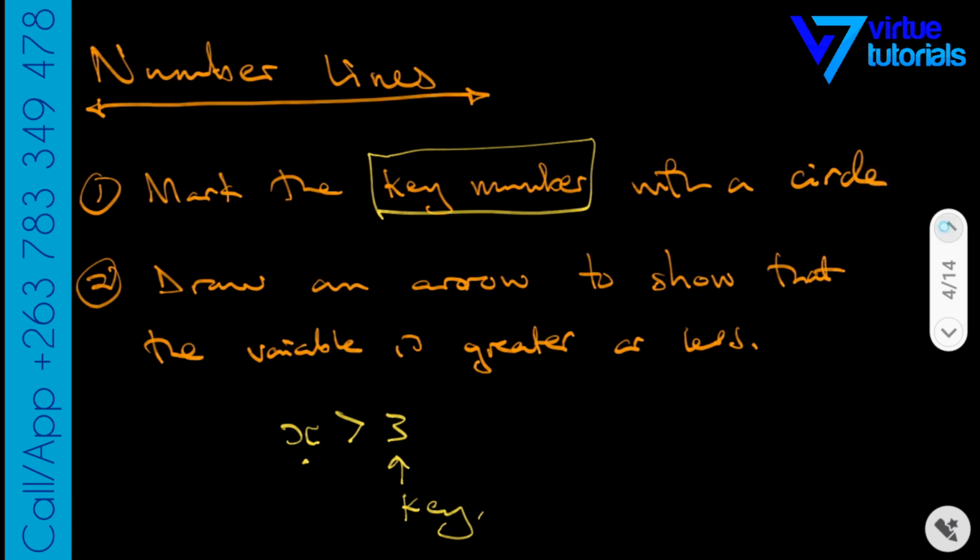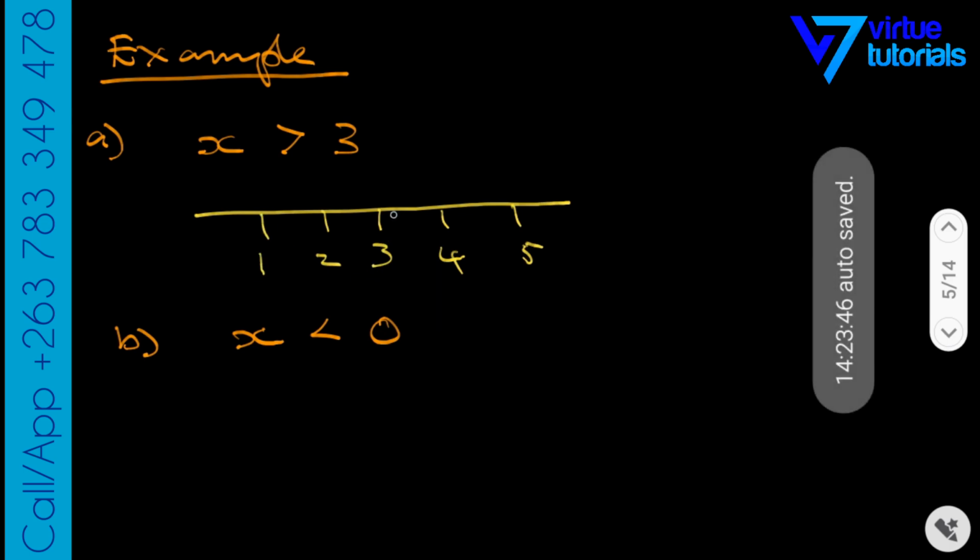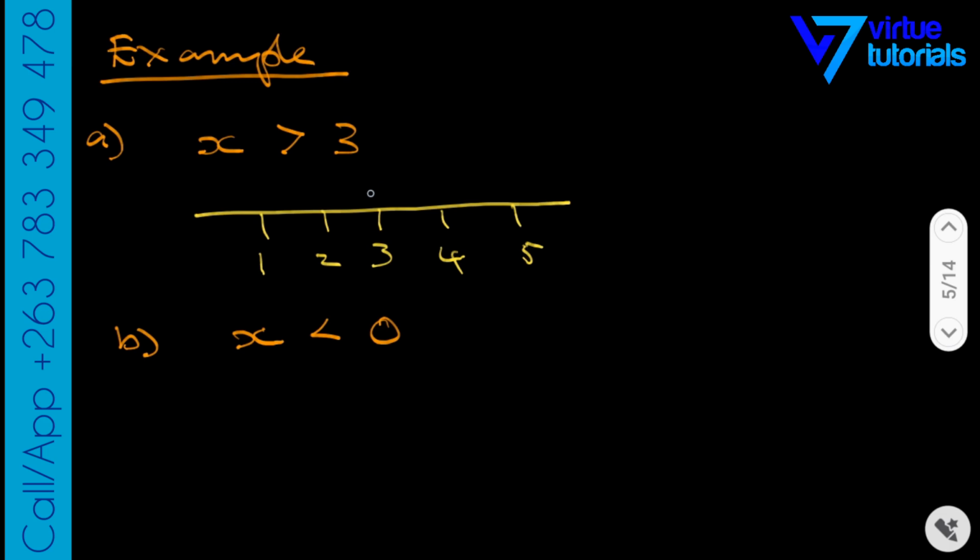Okay, so let's try that out. The first one here is x is greater than 3, right? So I'll just draw a number line. Make sure I have a 3 somewhere, and then 4, 5, maybe on that side, 2, 1. The point is just to show a 3. Once I've done that, the key number here is 3, so I draw a circle on 3.